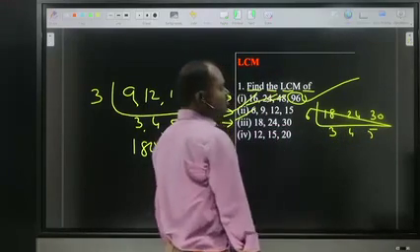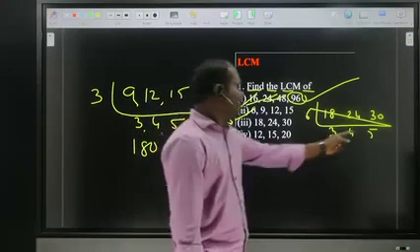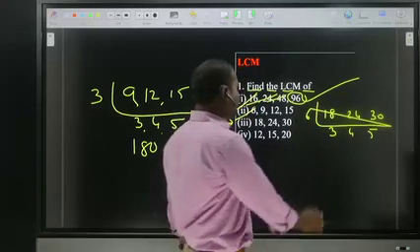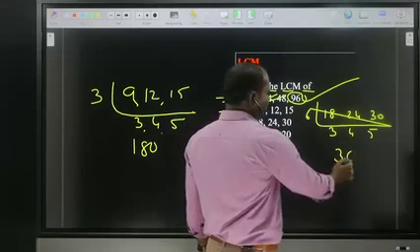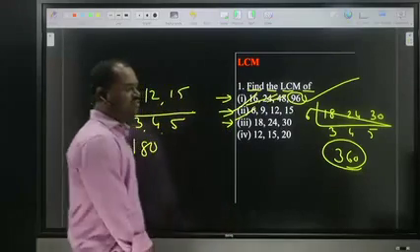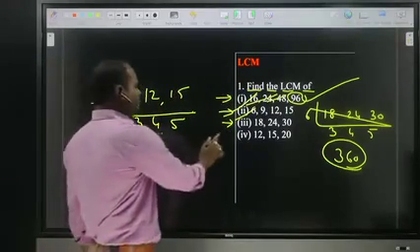We can't get 3, 4, 5 in one table. So what is the LCM? 5 4s are 20, 3 times 20 is 60, 6 times 60 is 360. The LCM is 360. Okay, now we are going to the next example.